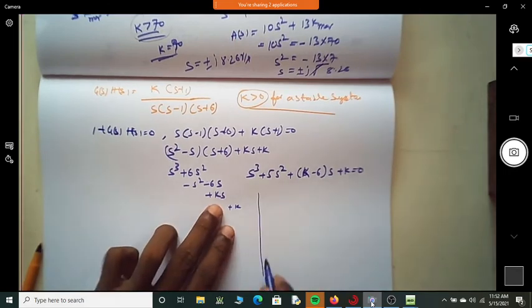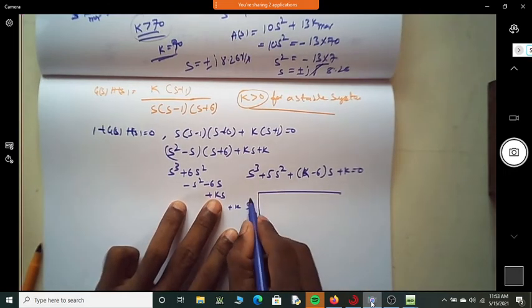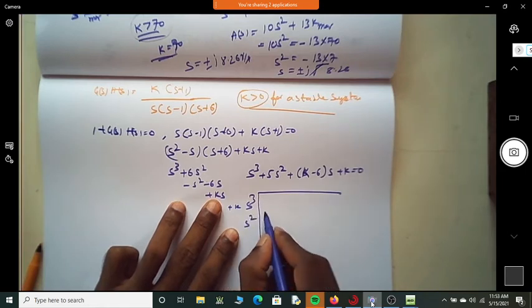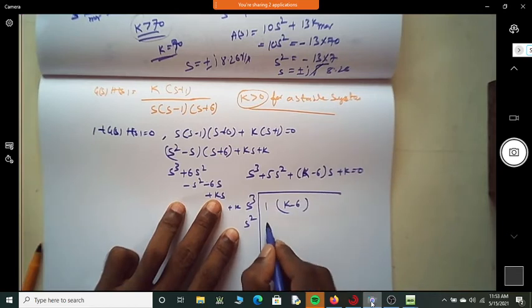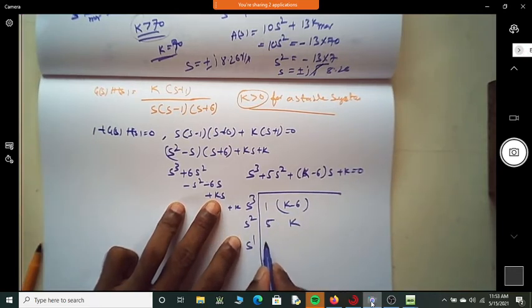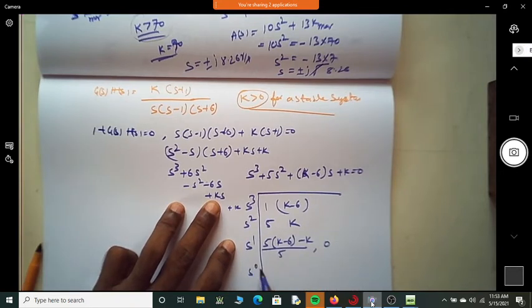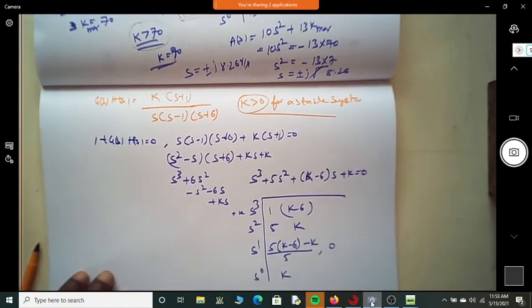Then shall we solve for this? For s cube, s squared, it is 1, K minus 6, 5, K. For s to the power 1, it is 5 into (K minus 6) minus K by 5, then it is 0, then it is K. Correct?